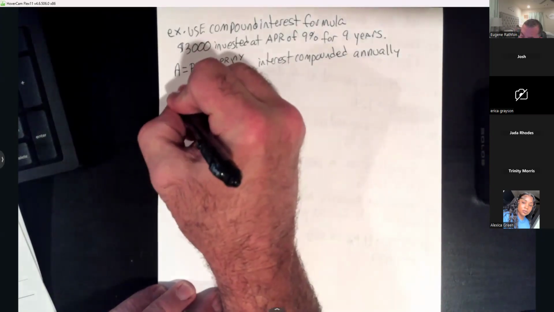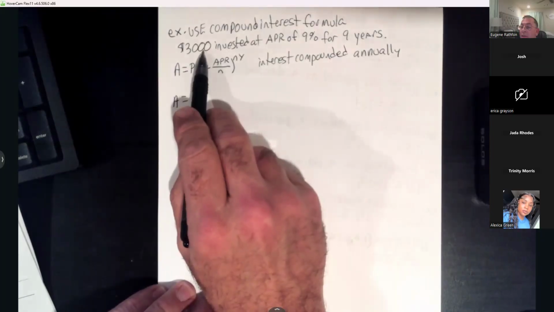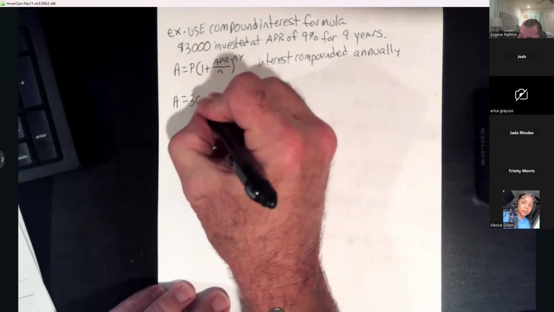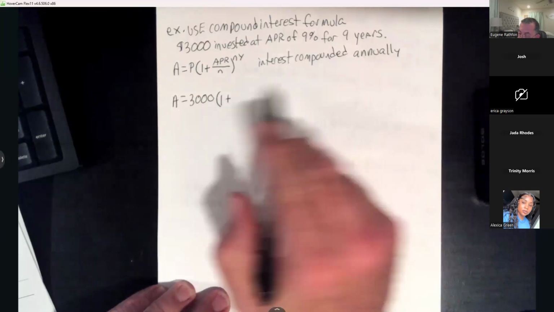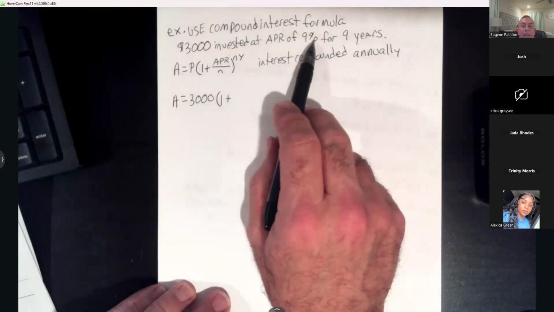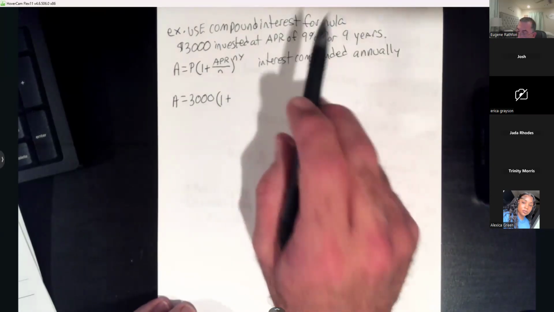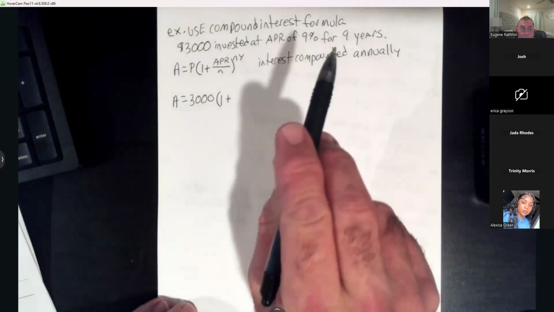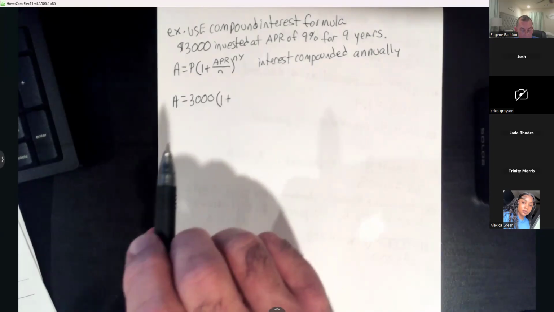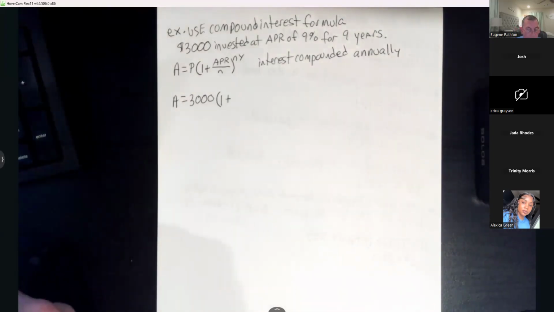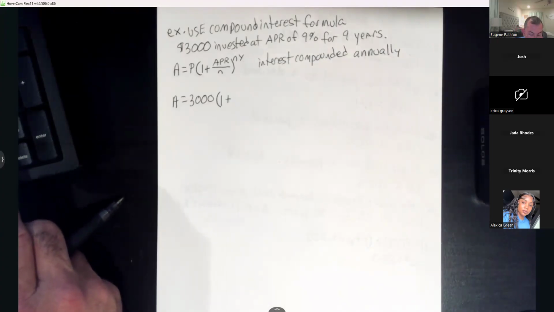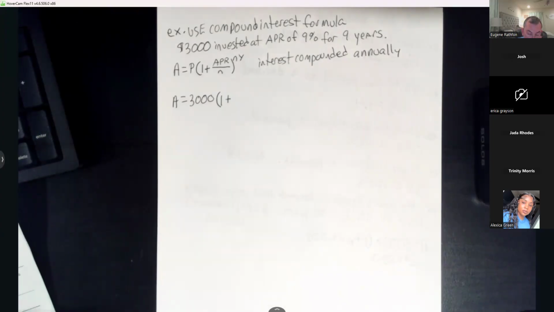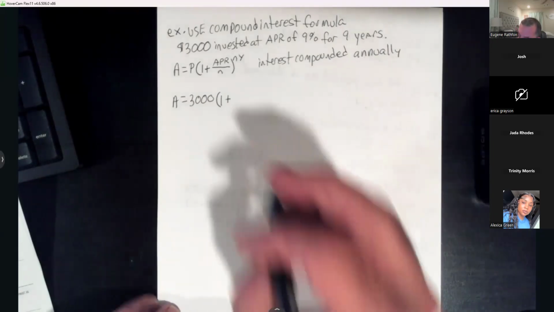A equals your P, which was that 3,000, times 1 plus my APR, y'all. That is 9%. So 9%, I need a decimal for that so we can put that in for this APR. All right, 0.09.